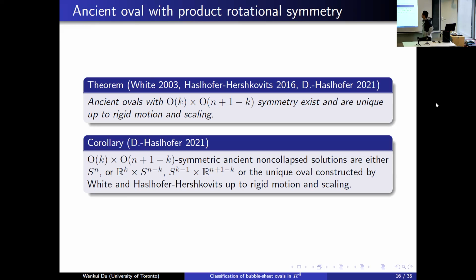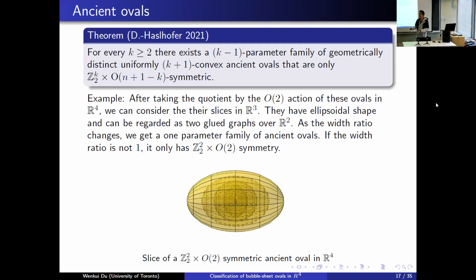More generally, we used this rotationally symmetric ovals rigidity to obtain the full classification of the O(k) times O(n+1-k) symmetric ancient non-collapsed solutions. They are either the sphere, or the cylinders, flipping the coordinates, or the unique ancient ovals constructed by White and Haslhofer-Hershkovits. But I want to say that there are actually more examples.